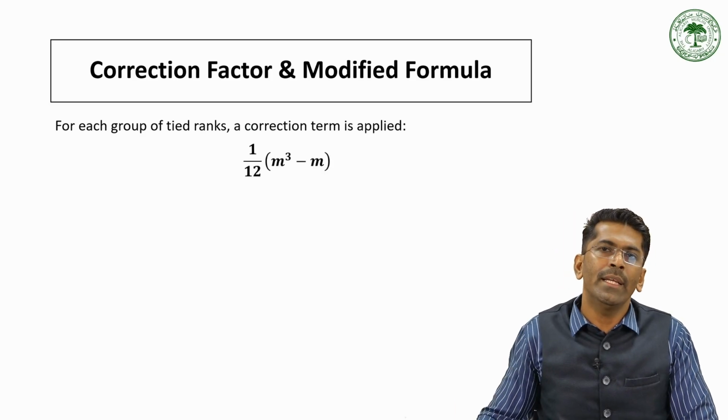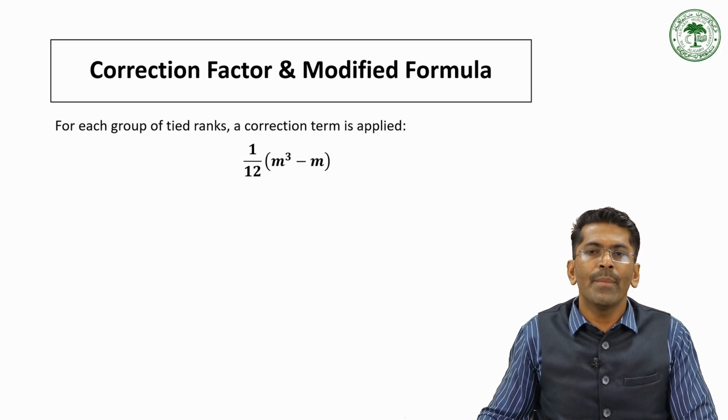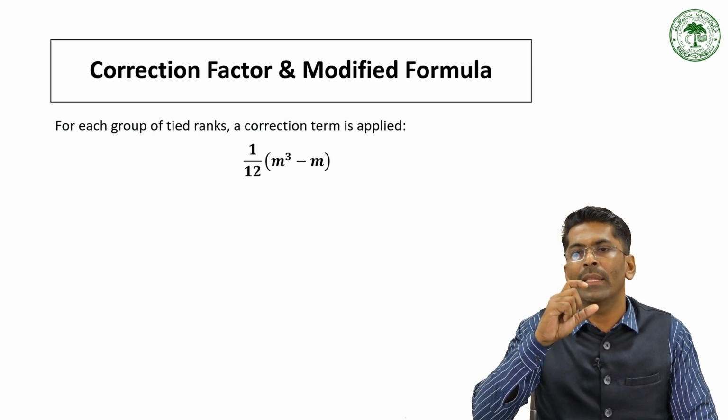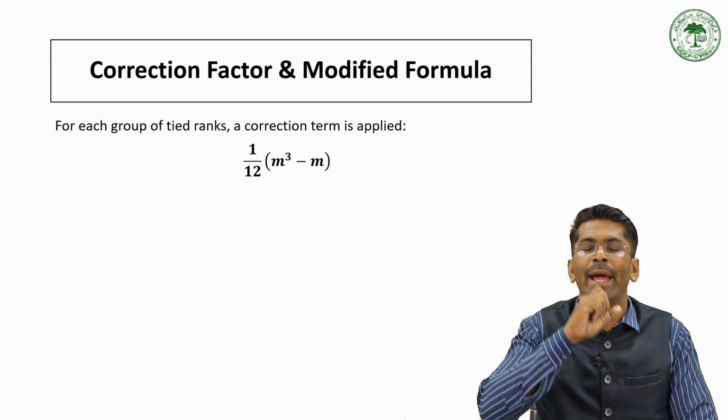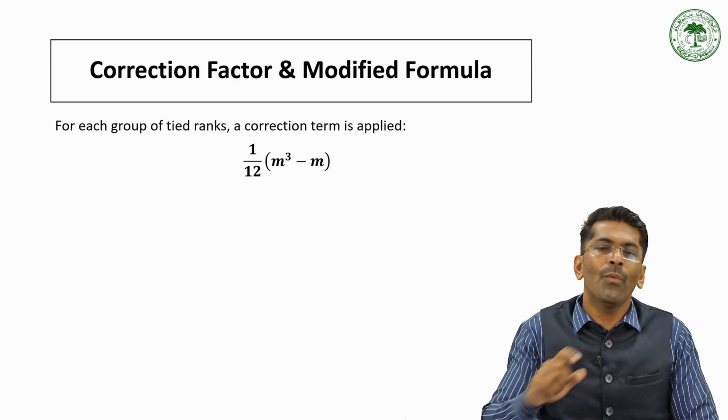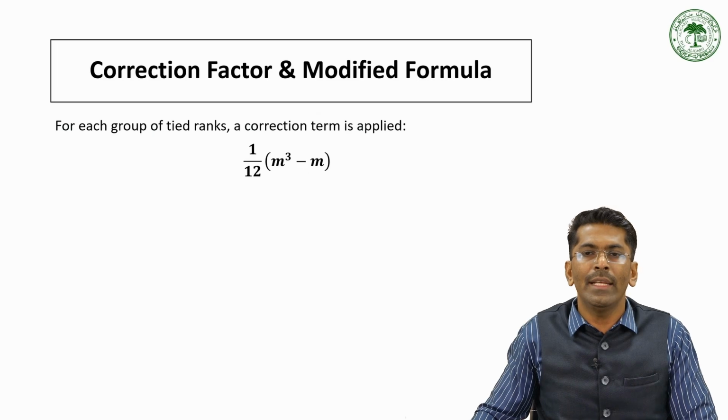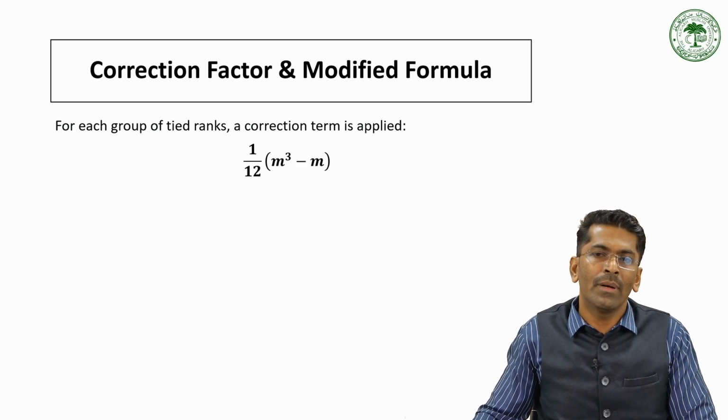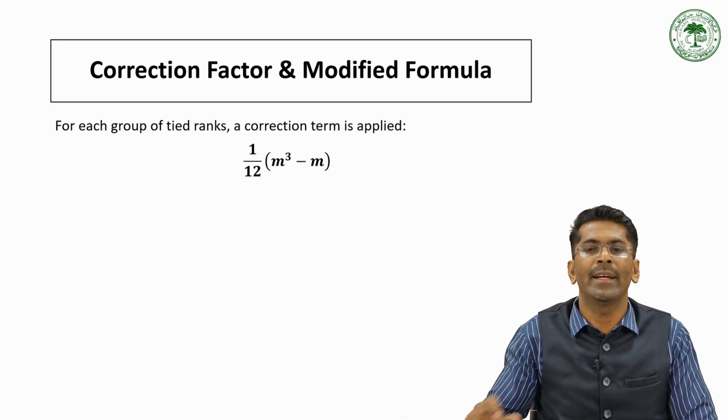And the correction term is 1 upon 12 into m cubed minus m. Here m cubed minus m represents how much variation is lost due to ties among the m equal items. The 1 upon 12 is just a scaling constant used to keep the correction on the same scale as the rank difference.